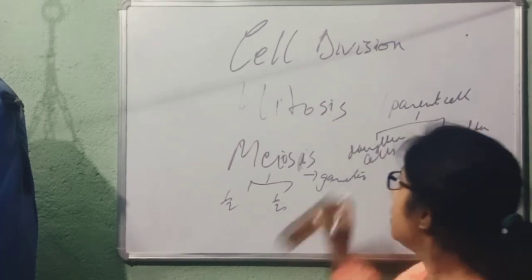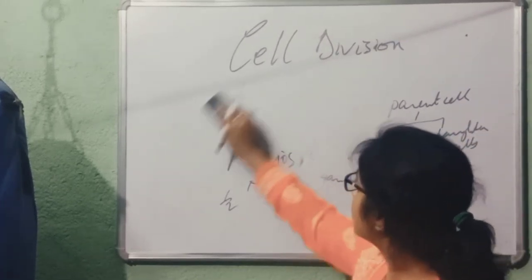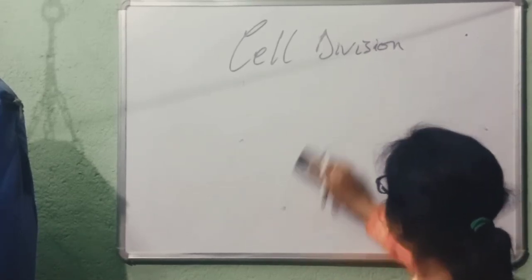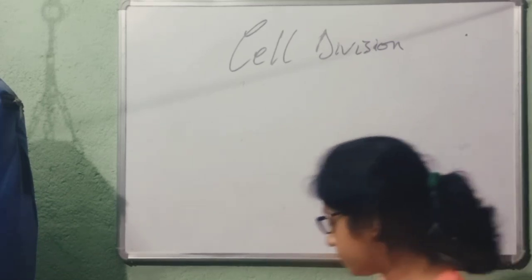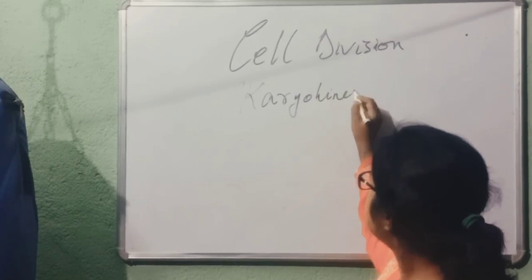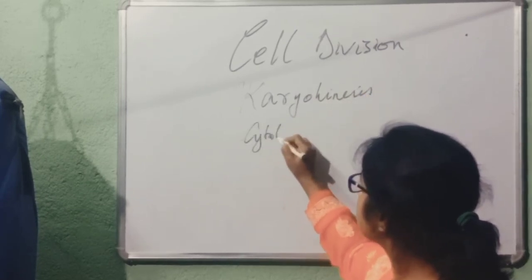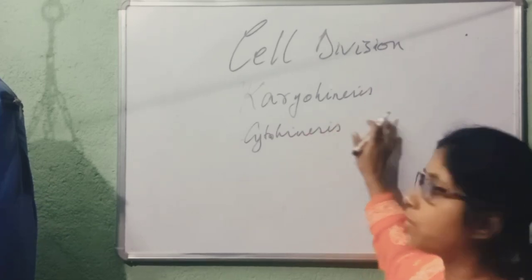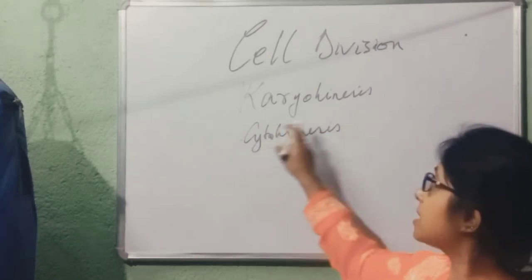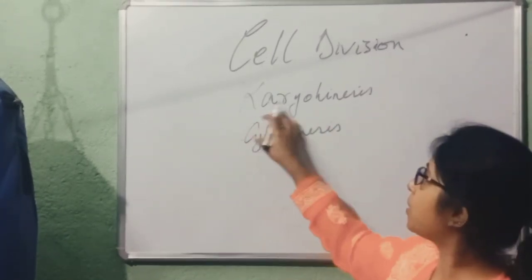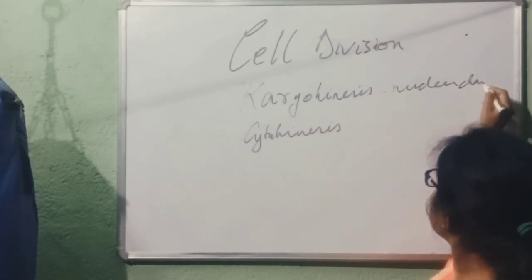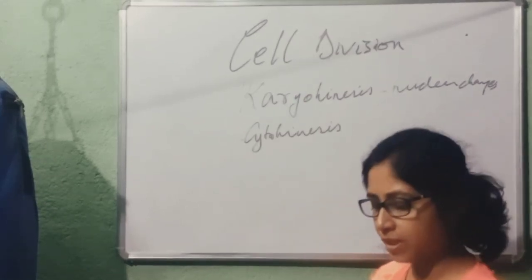So now we will discuss another two important processes that take place during cell division: karyokinesis and cytokinesis. Karyokinesis is the nuclear division, all the nuclear changes that take place during cell division.